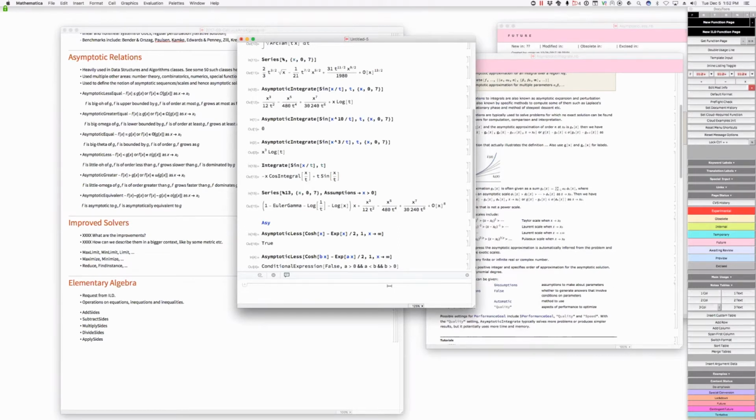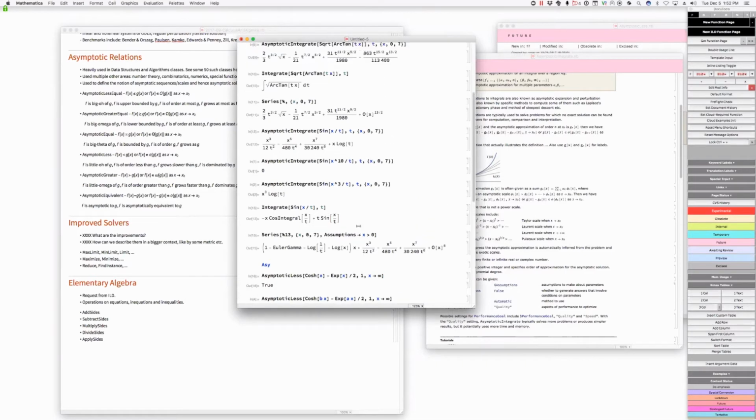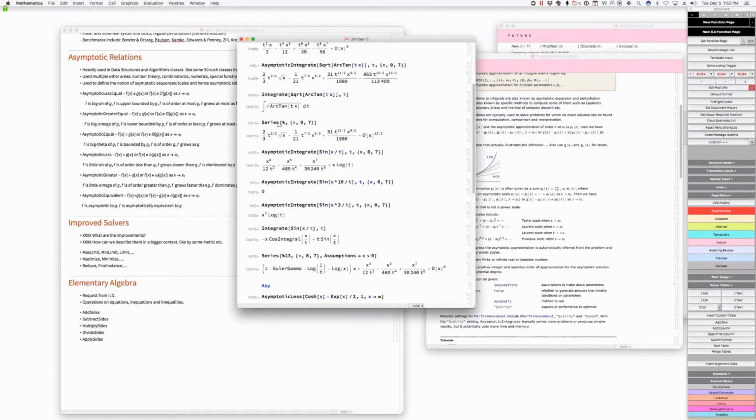In what sense? If I have an unevaluated solve, an unevaluated DSolve, an unevaluated integrate, I should be able to get the series of that. Right, which we noticed you could do back up here. Like right here, it did that. So occasionally it might work. Okay. But it generally doesn't. Okay, but it should.